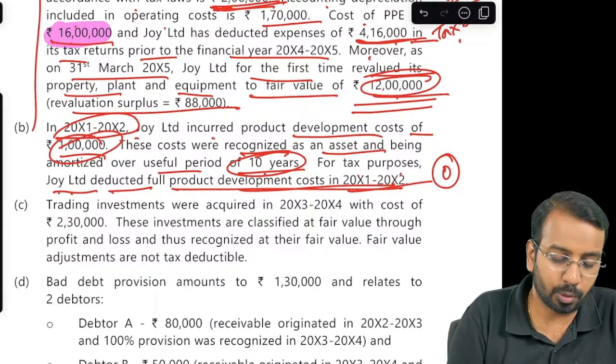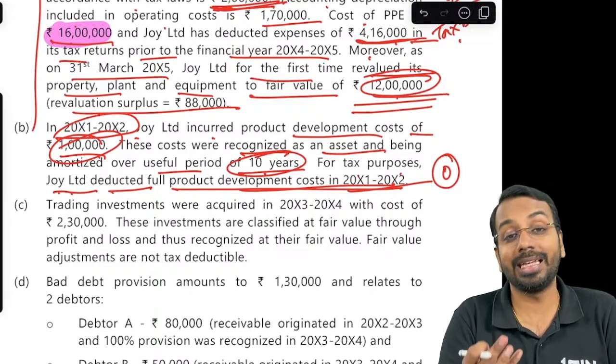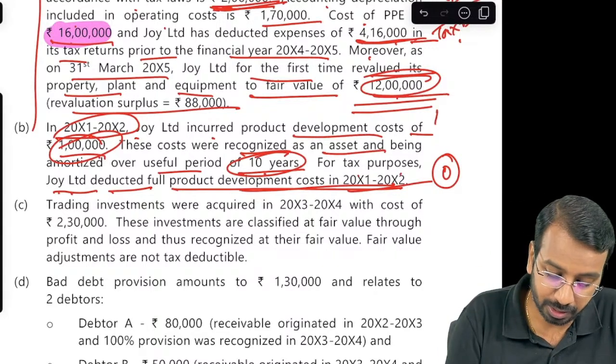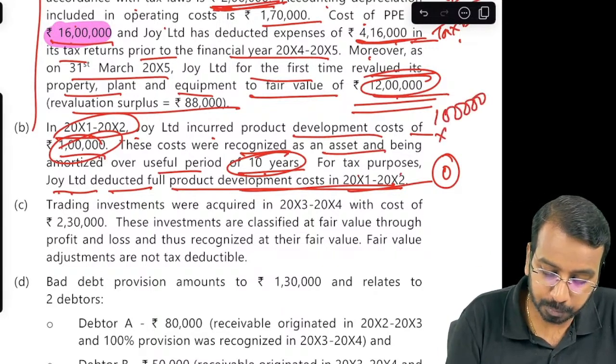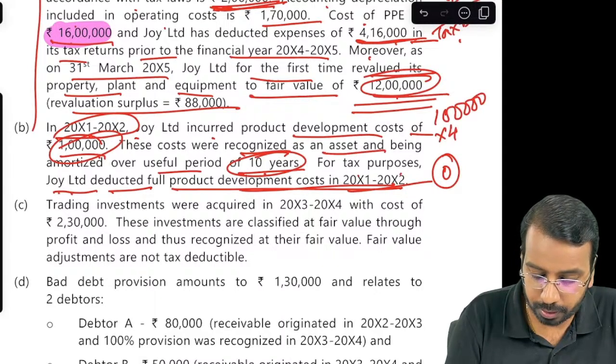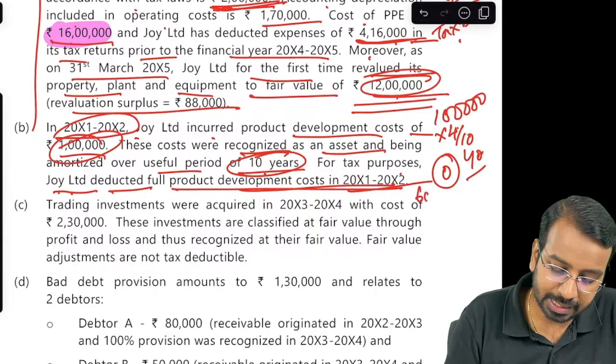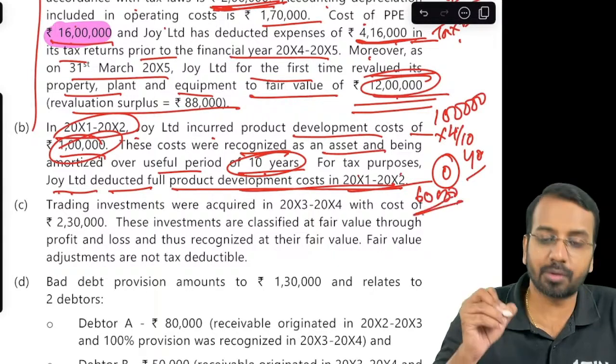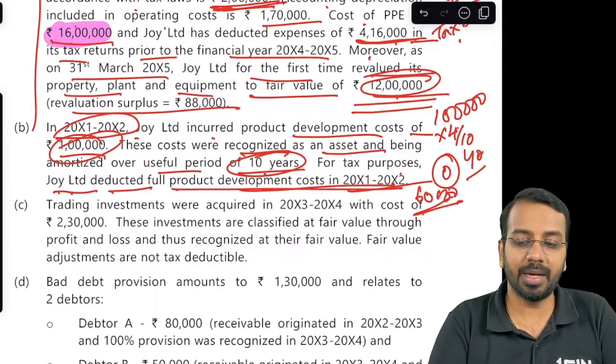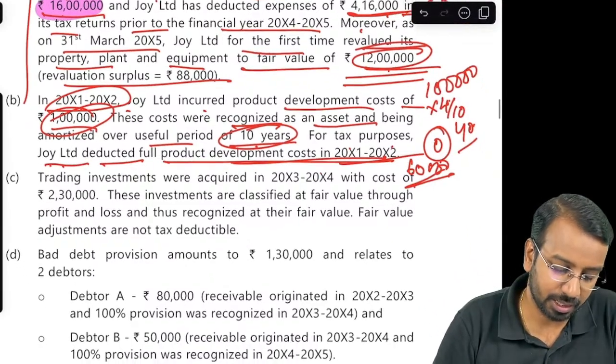So year 2, year 3, year 4, year 5: 4 years have been completed. So 1 lakh into 4 out of 10, 40,000 is done, which means 60,000 is left. So 60,000 is the carrying amount, 0 is the tax base. Whatever is the difference will create a DTA.